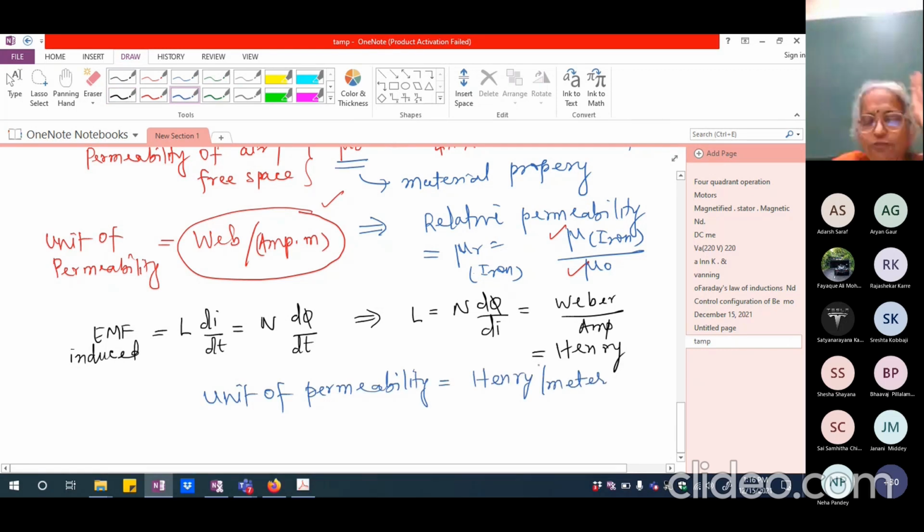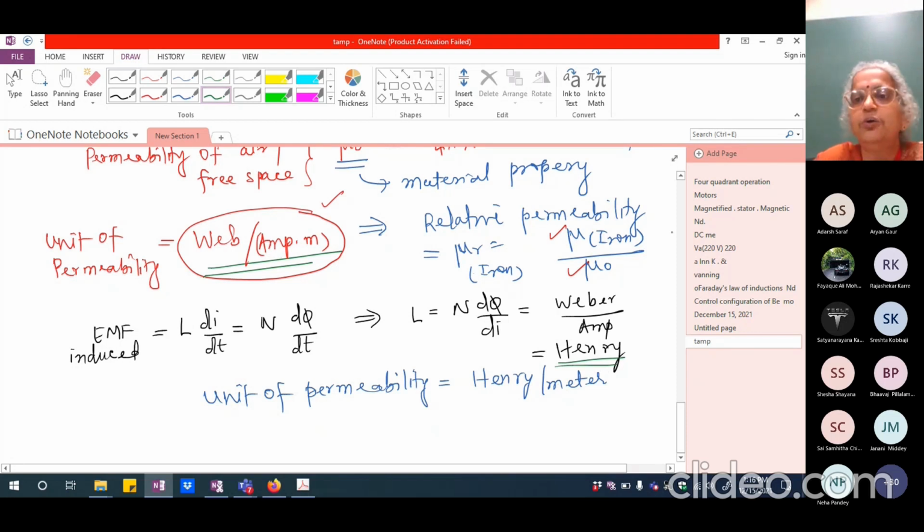This is also the unit of permeability. So generally I can write the unit of permeability as Weber per ampere per meter, or because Weber per ampere is the same as Henry, this will be Henry per meter.